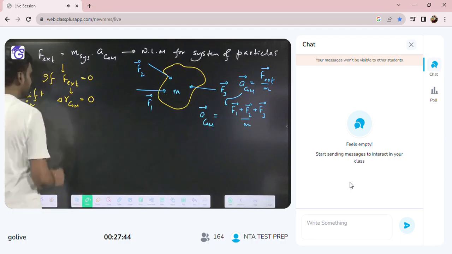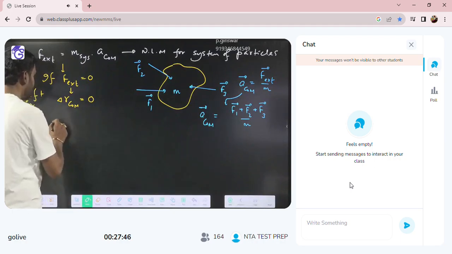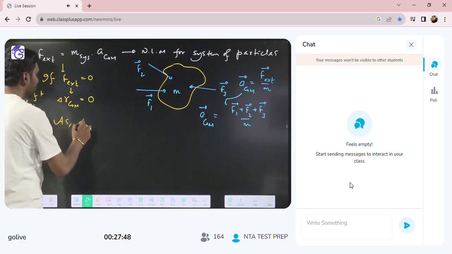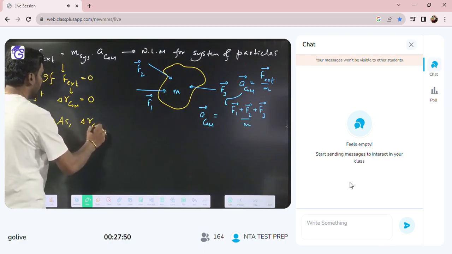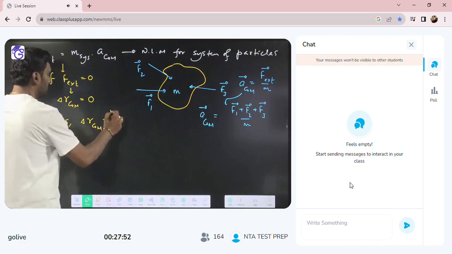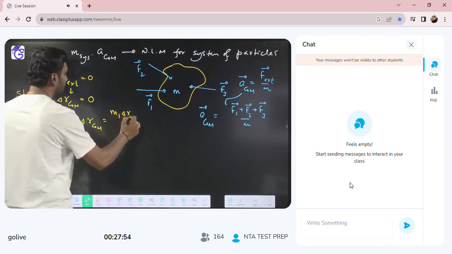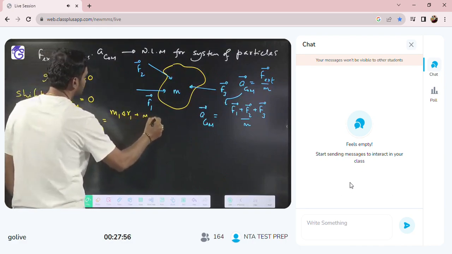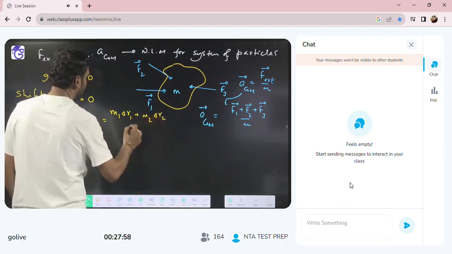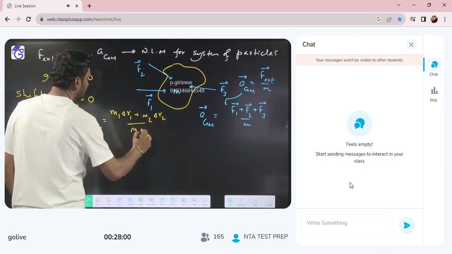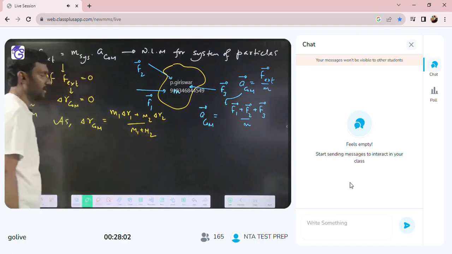So if shift in center of mass is equal to 0, as we know that delta R center of mass is equal to, what can we write? M1 delta R1 plus M2 delta R2 divided by M1 plus M2.